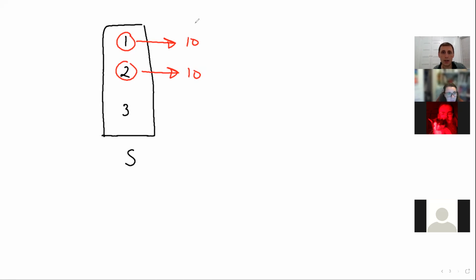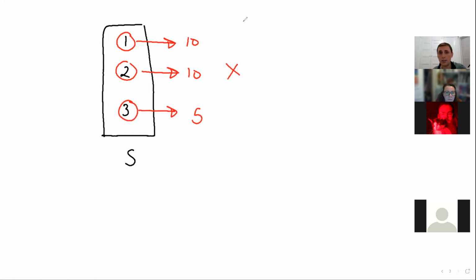And this one is mapped to the value of 5. And this is the action of x with the corresponding probability. So that's the relabeling of x: 10, 10, and 5.